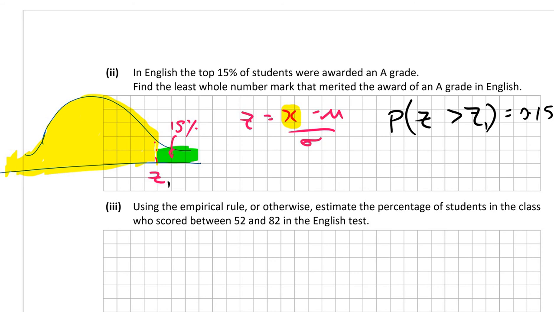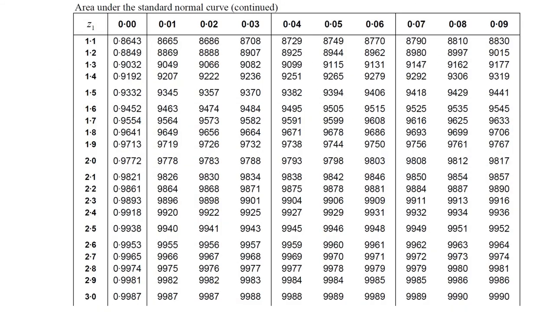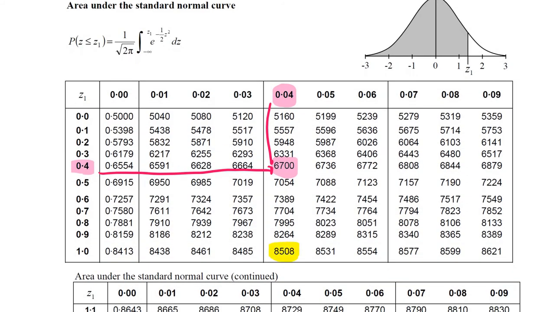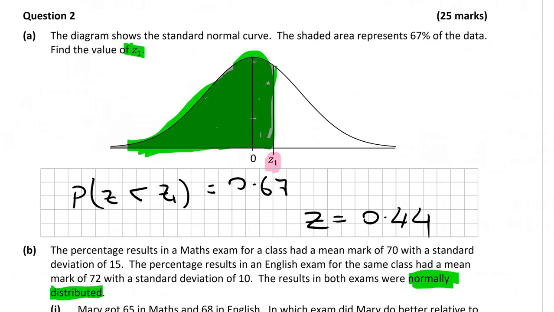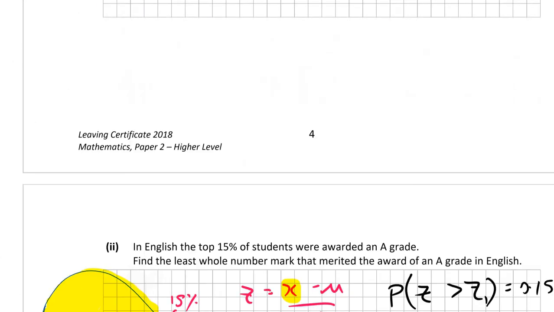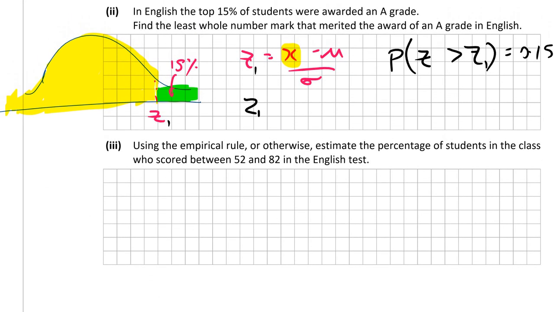which is 0.85. So we're going to go over to the tables, and I need to look up the closest number to 0.85. As you can see, it's here. This number here, 0.8508, gives the z-score that represents 85% of the data. That z-score is 1.04. So z1 is 1.04, saying that's equal to x minus the average, and the average for English was 72, over the standard deviation, which is 10.